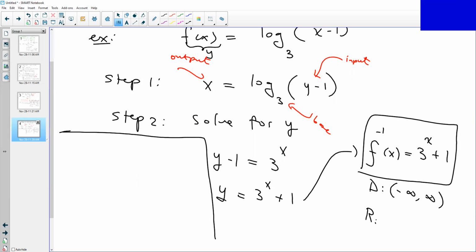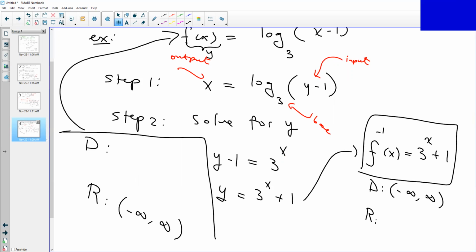So the domain of the inverse is going to be the range of the original function, right? The range of this function is going to be the domain of that function. Now let's look at the domain of the log function, because the domain of the log function is going to be the range of the inverse function.